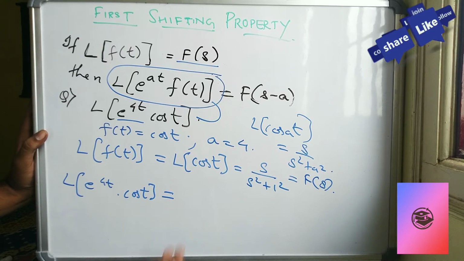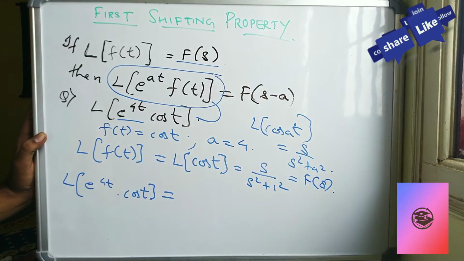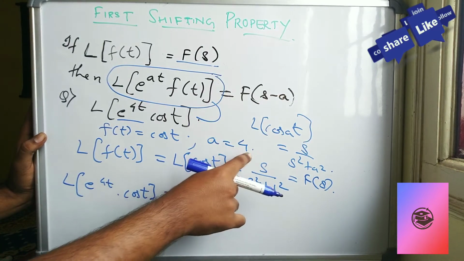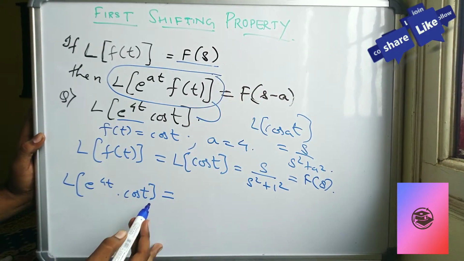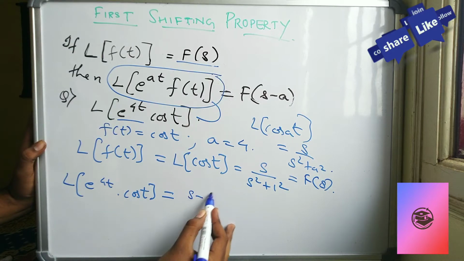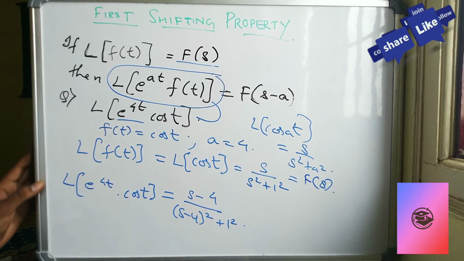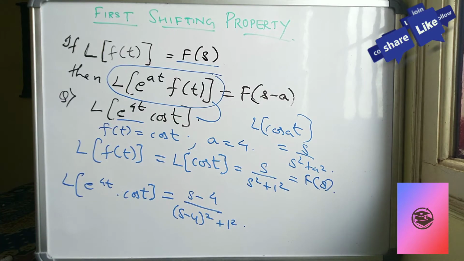In place of s, we have to place s minus a. a is nothing but here 4. So s minus 4 you have to place in place of s. So this becomes s minus 4 by s minus 4 the whole square plus 1 square. So this is the answer for this.